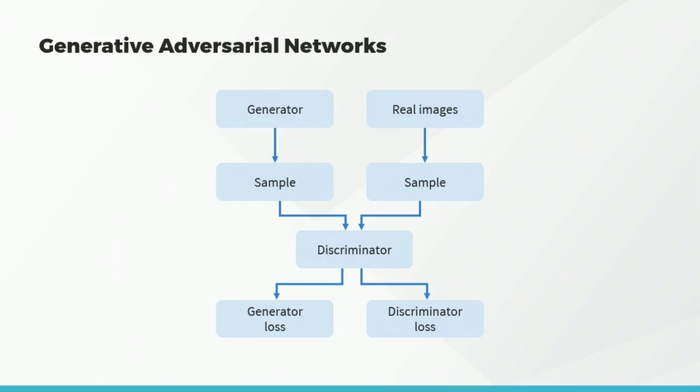The discriminator is going to try and determine the difference. And we're going to end up with two basic losses: the generator loss and the discriminator loss. The discriminator loss is when it couldn't classify which is real and which is generated. And the generator loss is when the discriminator was able to classify which is real and which is generated.